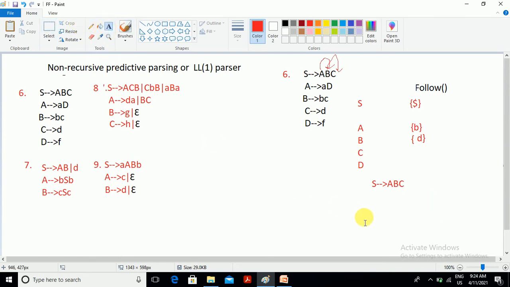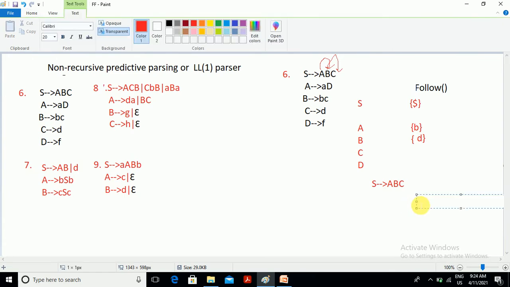We know that the follow of capital S will become dollar by default, as you know from the previous videos. Now can you replace A, B, C in place of capital S? If the production is properly derived for any string, then obviously we can replace S by ABC.